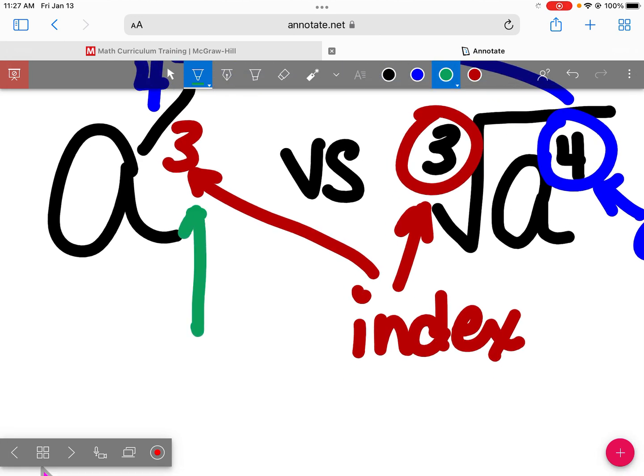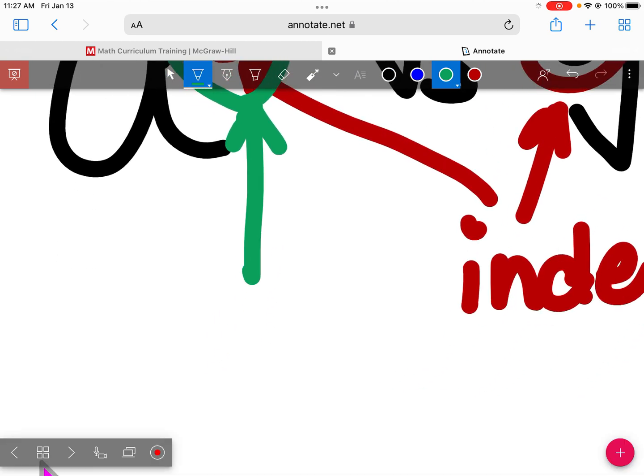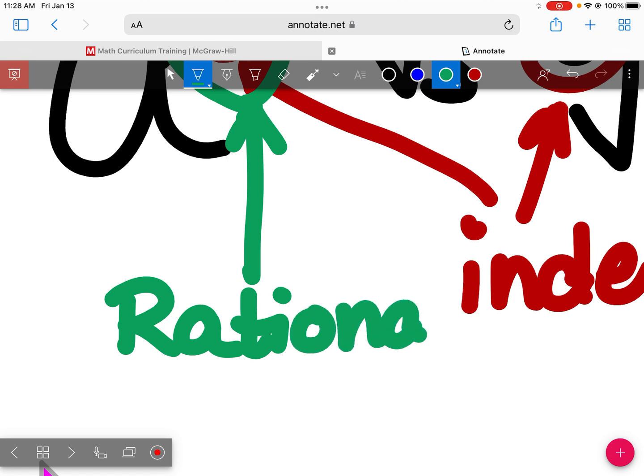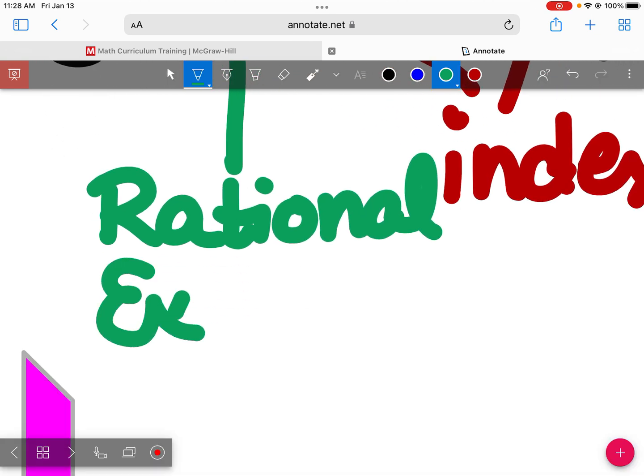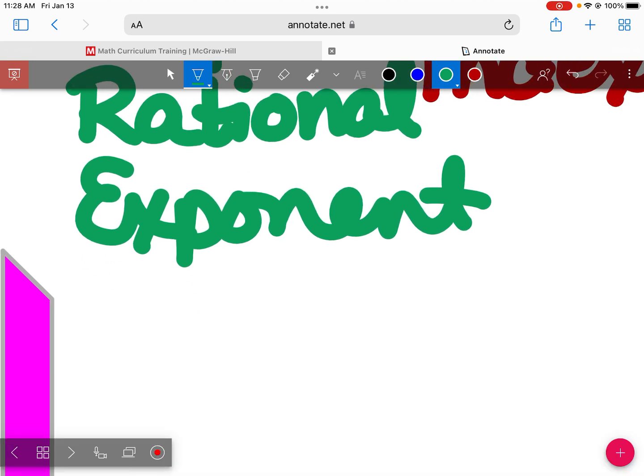This right here is called a rational exponent. Because it is a fraction.